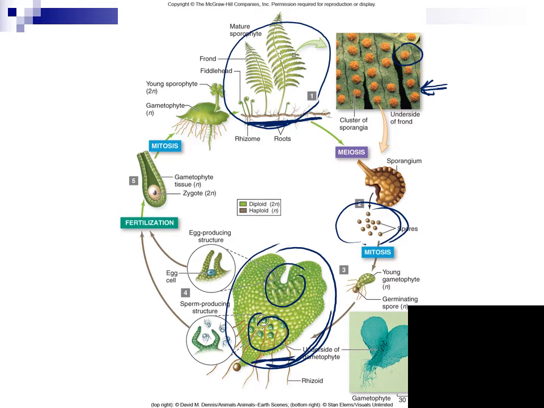It's microscopic, but it has both male and female parts on it, and so it will have the sperm producing parts and the egg producing parts on here, and some fertilization happens and you produce your sporophyte, which grows into the next generation.